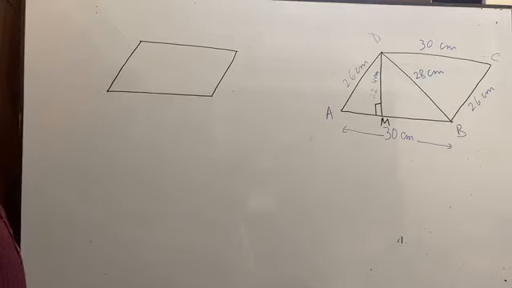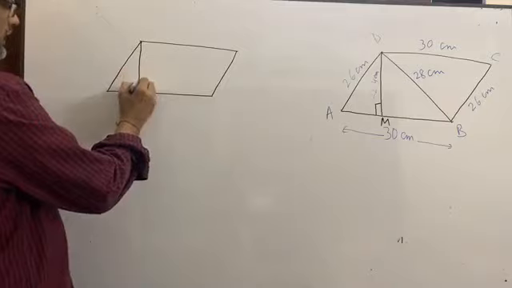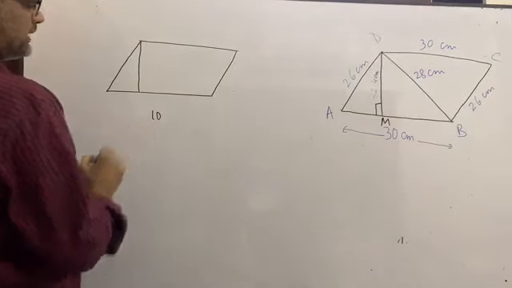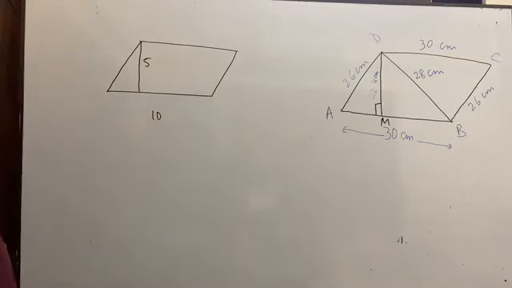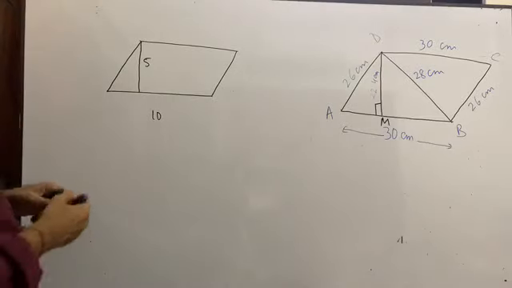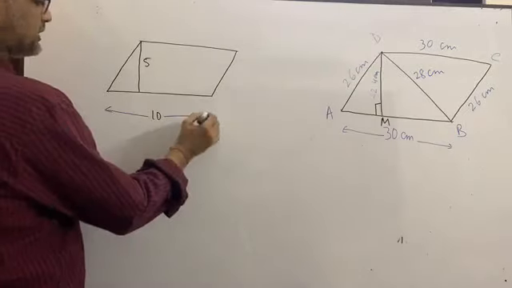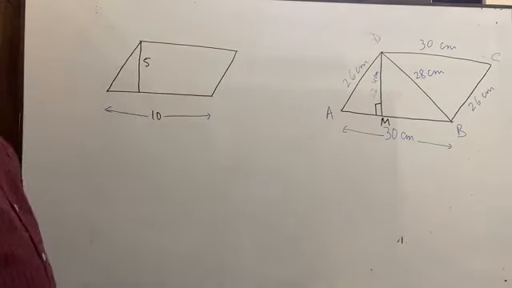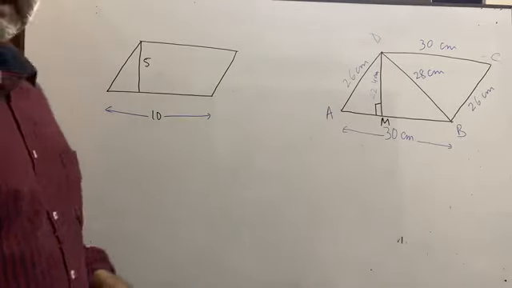It is a parallelogram, and its height, I am telling, it is 10 centimeter and it is 5 centimeter. What is the idea? The base is 10 centimeter. Pay attention. Base is 10 centimeter, and the distance between the parallel sides is 5 centimeter. Then what is the idea? Can you please let me know?